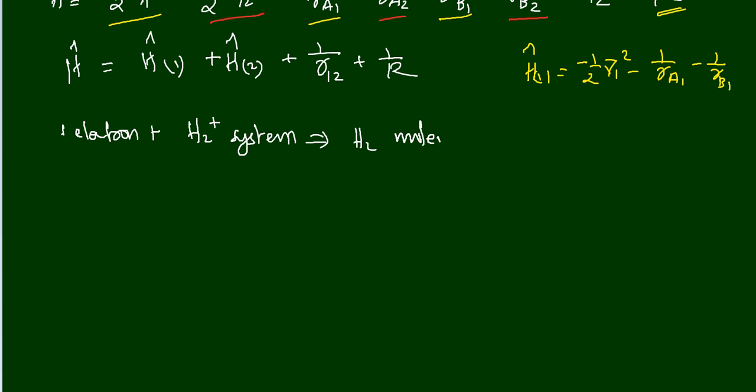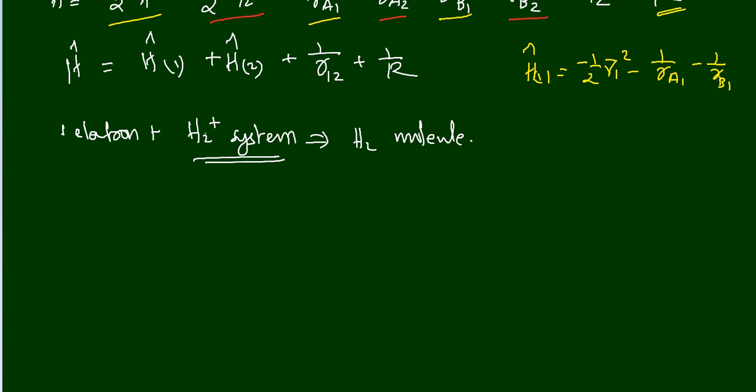Means we are adding one electron to the already known H2 plus system. We already know about this H2 plus system. We had a series of lectures on this system. So we know about the eigenfunctions, and we know about the energy values for the H2 plus system, and we know the energy profiles, how the bond length can be approximated for the system. All these things we know.